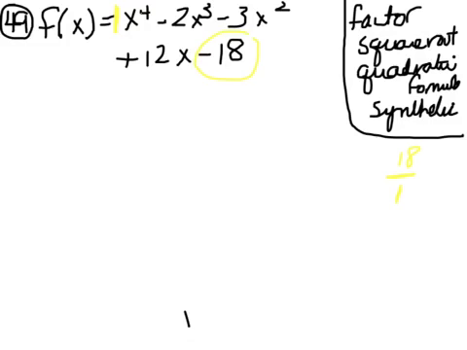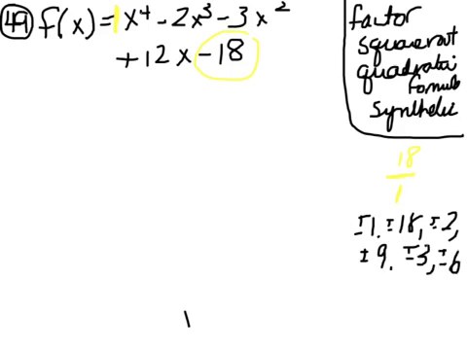Let's go ahead and list them: plus or minus 1, plus or minus 18, plus or minus 2, plus or minus 9, plus or minus 3, because 3 times 6 is 18. So these are all the things I could try, but they were nice and they gave me a hint. The hint was one factor is x squared minus 6.